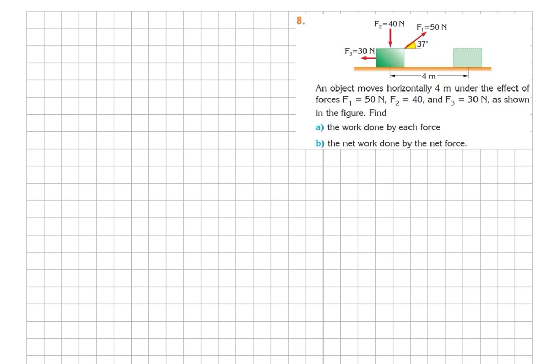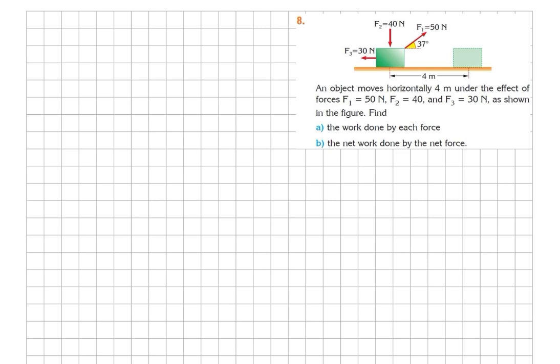So here we have to take into account their angles with the horizontal because the object moves horizontally. Only horizontal forces and horizontal components of the forces affect the motion because there is no friction.